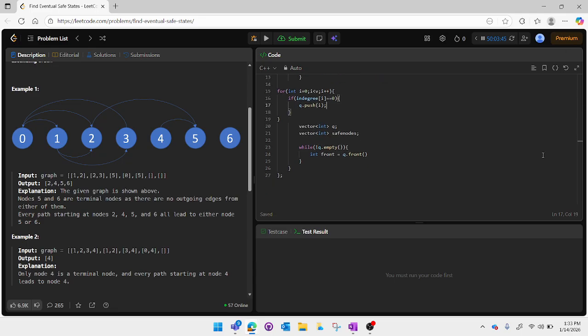So now I will iterate over my queue and pop out the front element, and will push the current node in our answer.